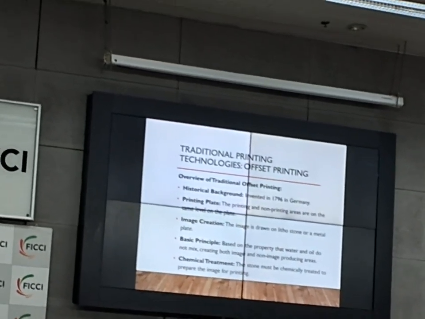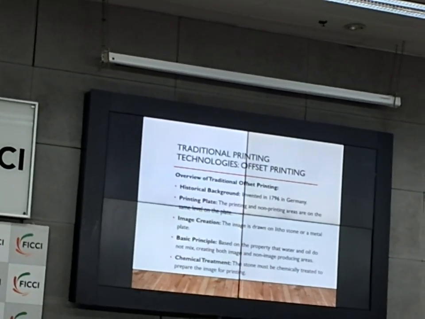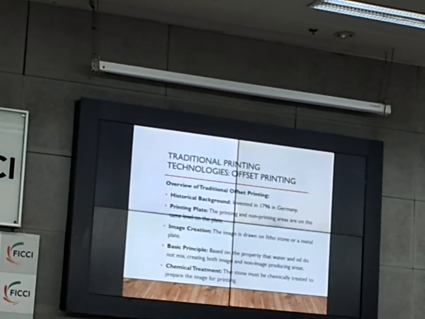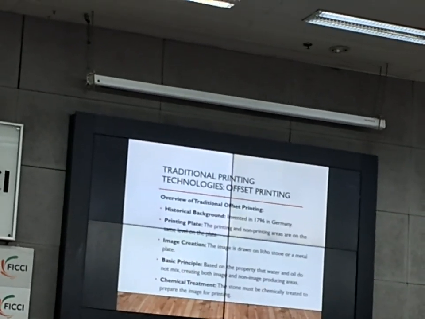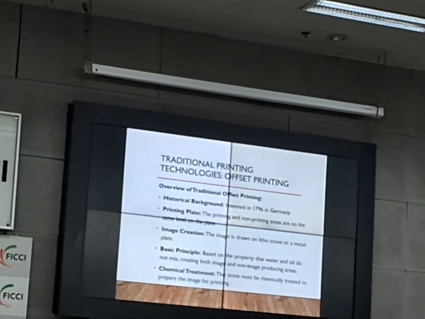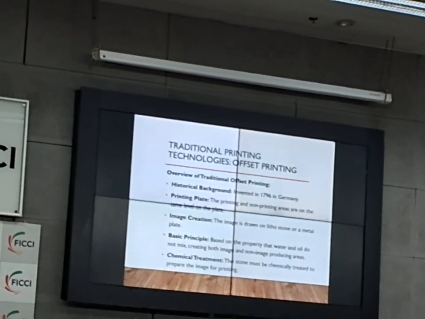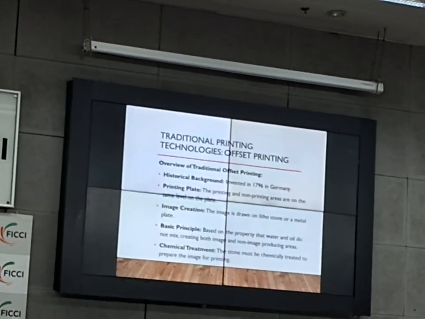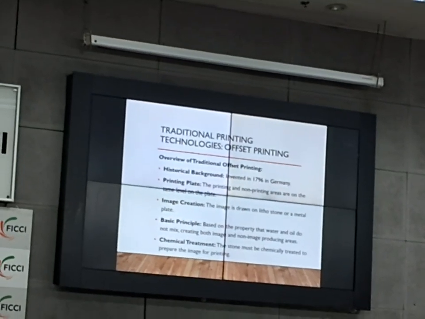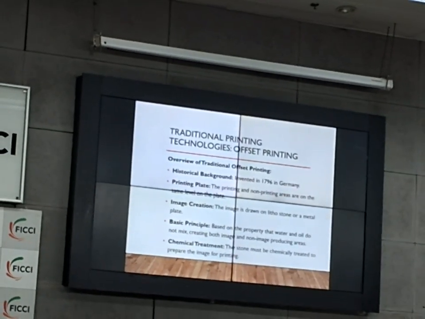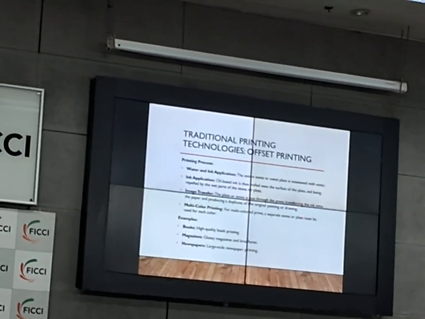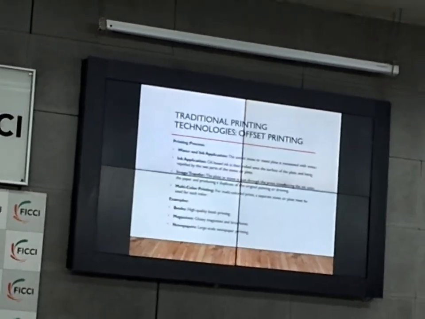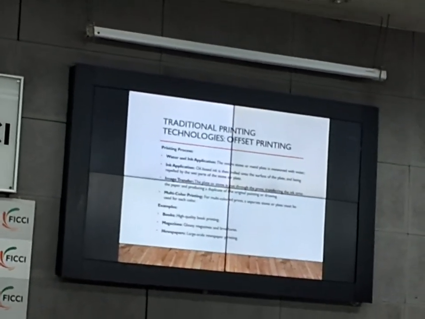The name has also been derived from this offset process due to the intermediate cylinder. And the quality of printing is better. The best quality printing can be achieved through the offset printing process. Next. Some basic principles have been mentioned here.